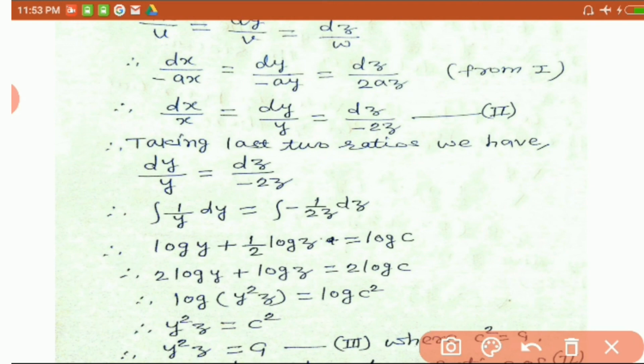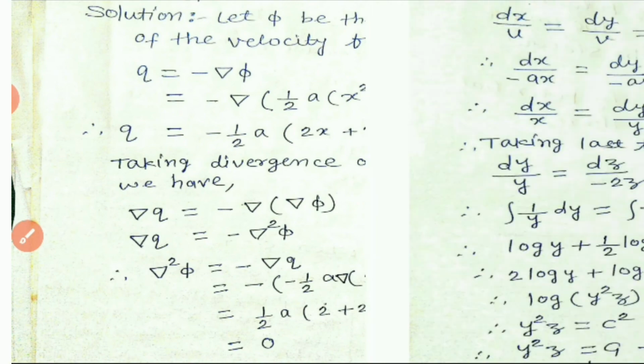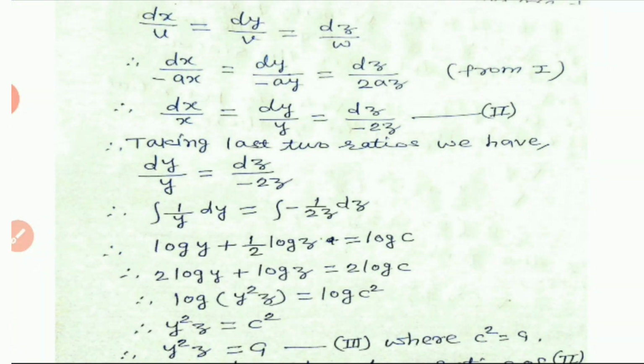Therefore u is minus ax, v is minus ay, and w is 2az.